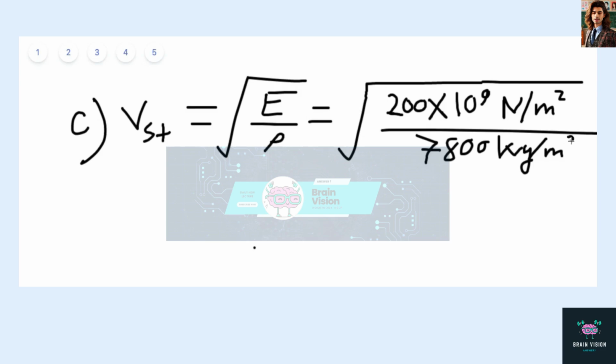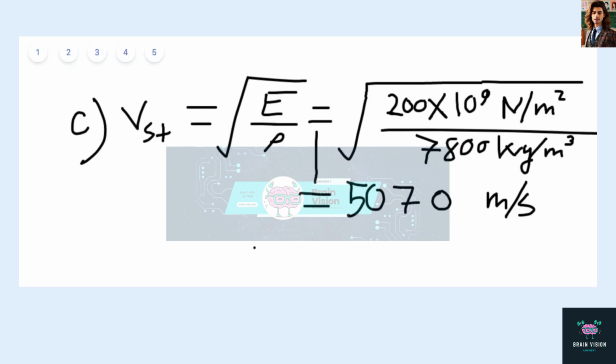Notice that steel is much denser than water and even granite, which makes sense. It's a good thing to check, a common sense check. You put that in a calculator and you get something very close to 5,070 meters per second.